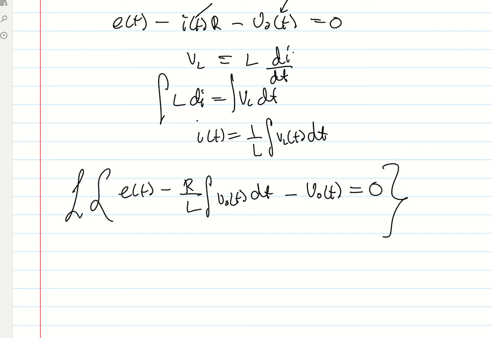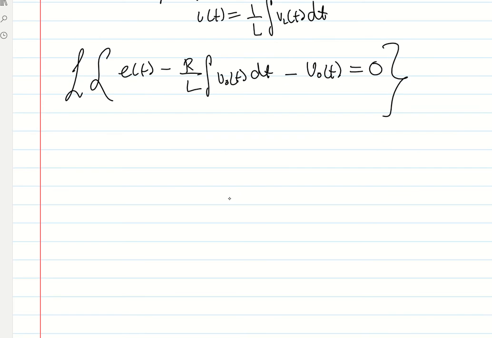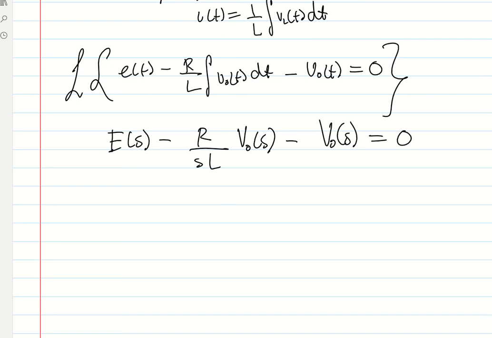Taking the Laplace, we have E of t will be capital E, and this is an integral, so this will be R all over s times L times V out in s domain, minus V out in s domain equals 0. Rearrange it again to solve for V output over input.